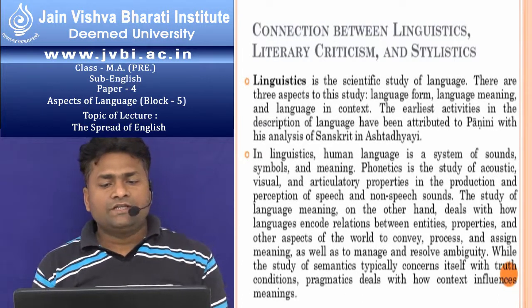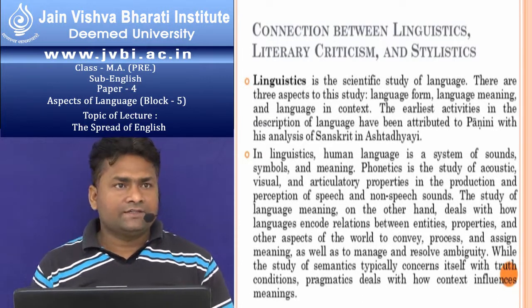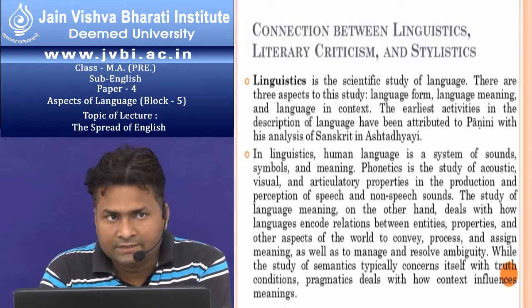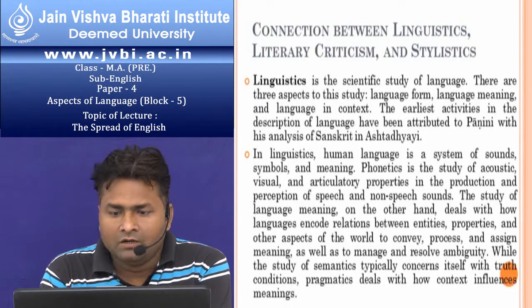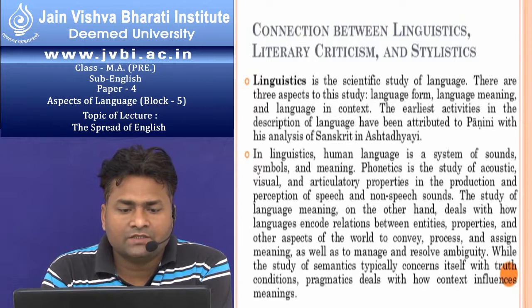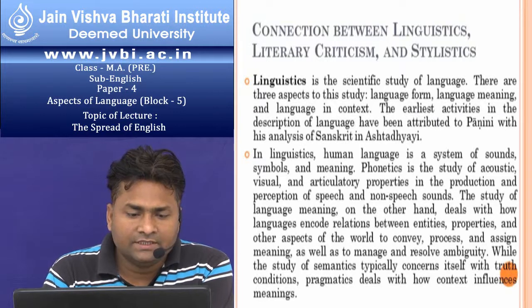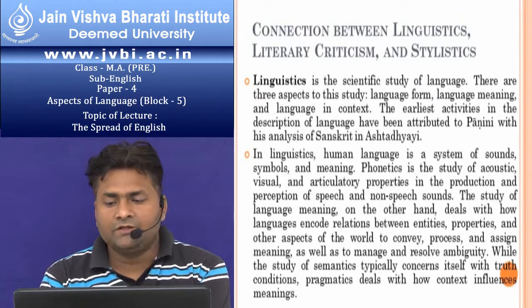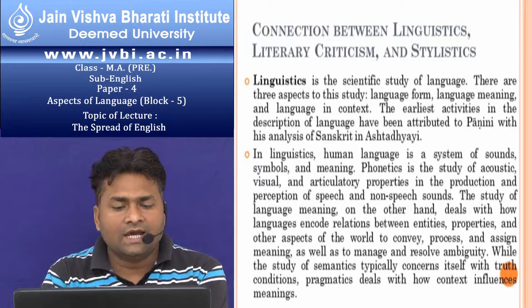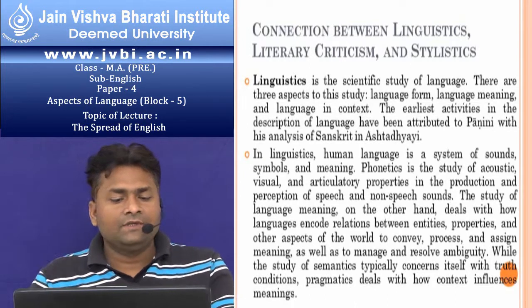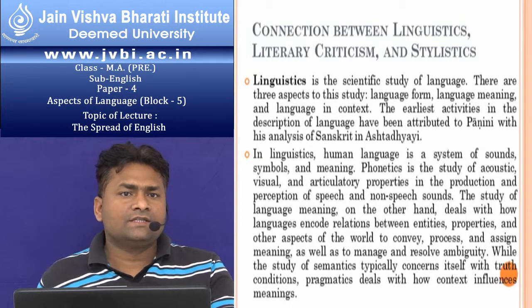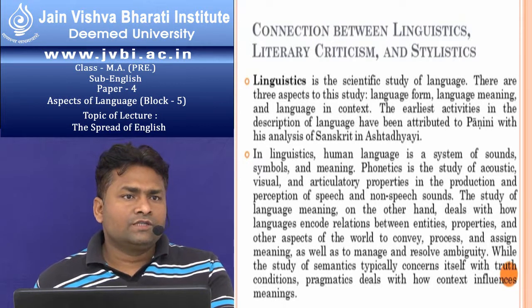Connections between linguistics, literary criticism and stylistics. Linguistics is the scientific study of language. There are three aspects to this study: language form, language meaning, and language in context. The earliest activities in the description of language have been attributed to Panini with his analysis of Sanskrit in the Astadhyayi. In linguistics, human language is a system of sounds, symbols, and meaning.